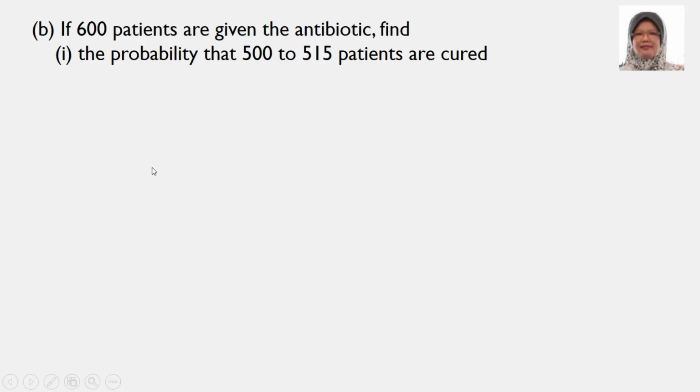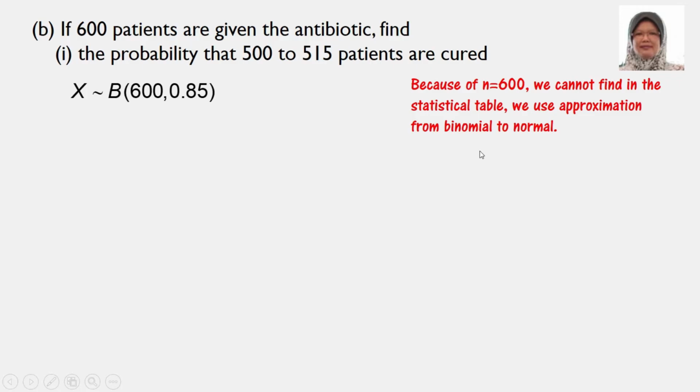B. If 600 patients are given the antibiotic, find the probability that 500 to 515 patients are cured. Because n equal to 600, we cannot find it in the statistical table. We use approximation from binomial to normal.